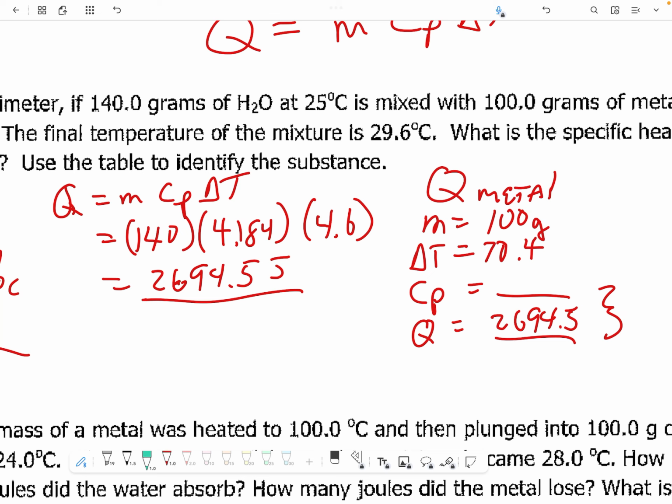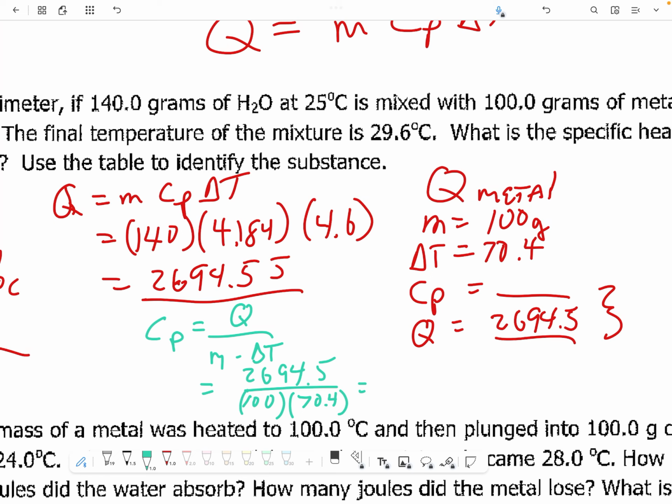When I rearrange the equation, the specific heat is going to be Q divided by mass times delta T. Then substitute those numbers in: 2694.5 divided by the mass, which is 100, times 70.4, the change in temperature.